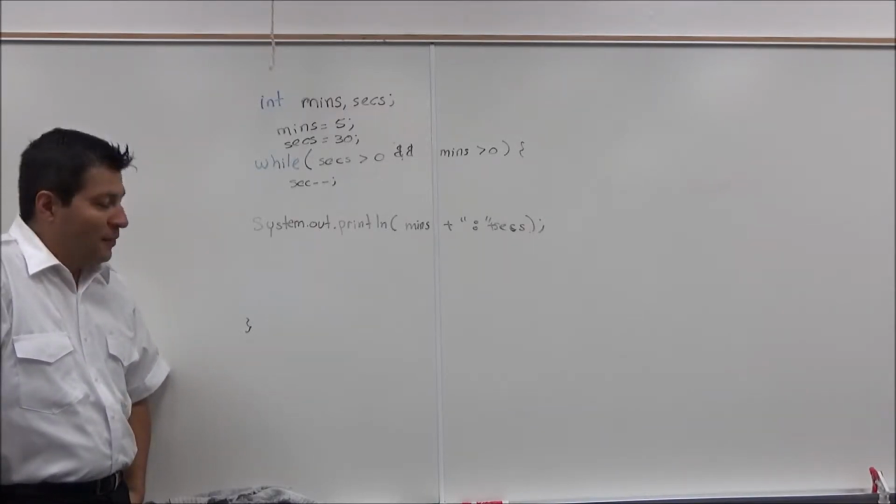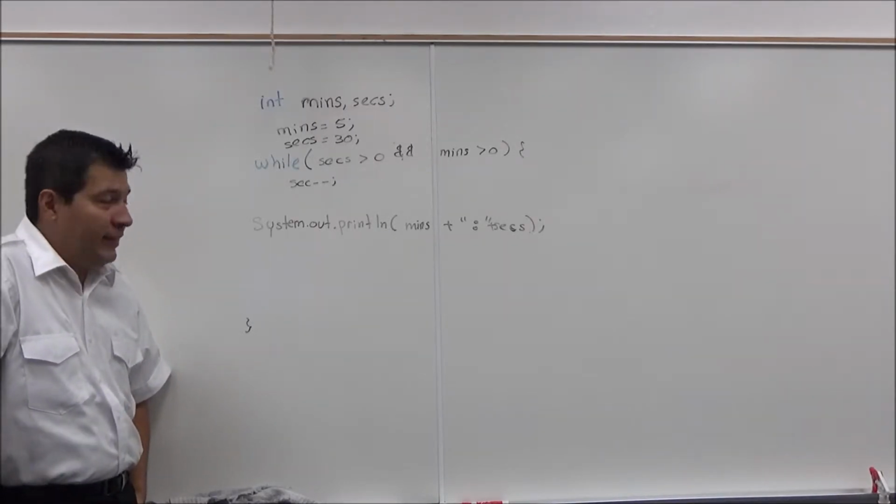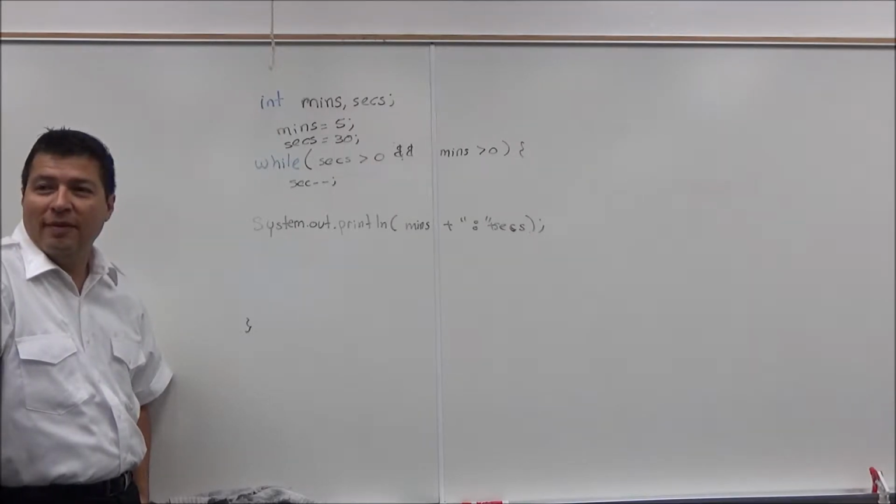So what I'm getting at here is you need 2 while loops, right? One for the seconds, one for the minutes. You have an outer and an inner loop.